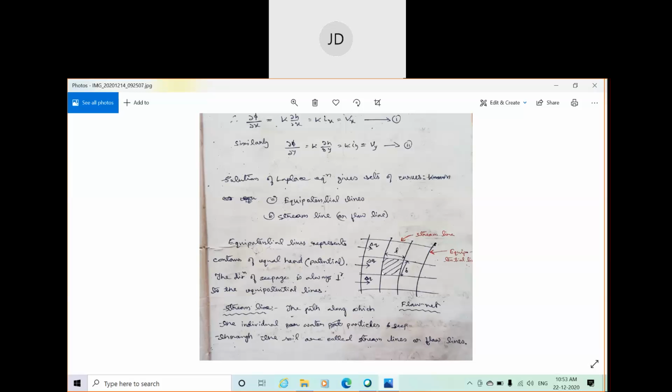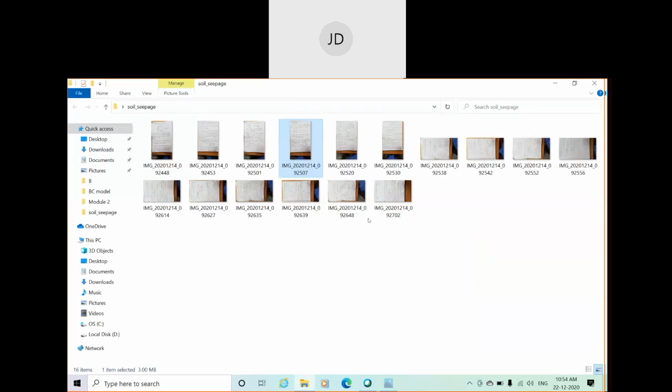We can study how water will go through and what flow path the water can take through the cross-sectional dam structure, using this particular concept of flow net. Fine. So let's discuss some properties of flow net.